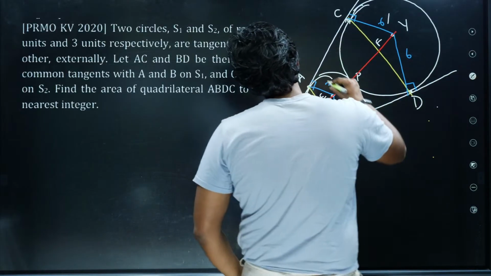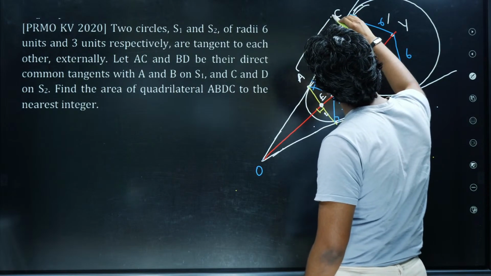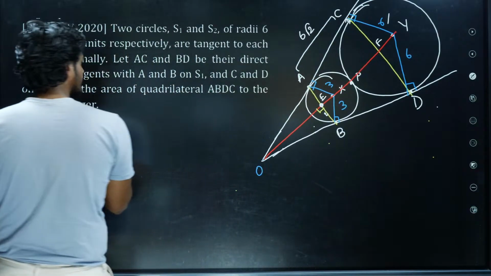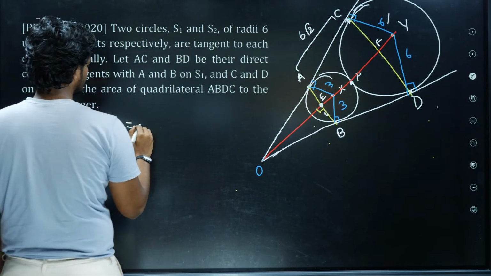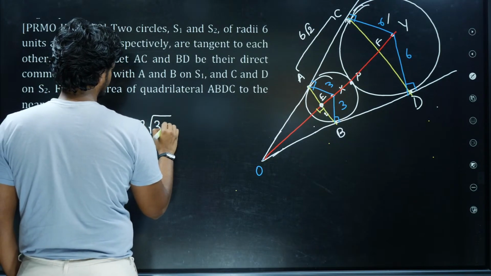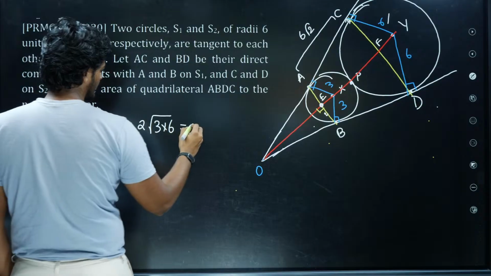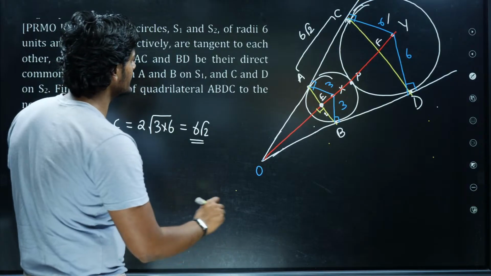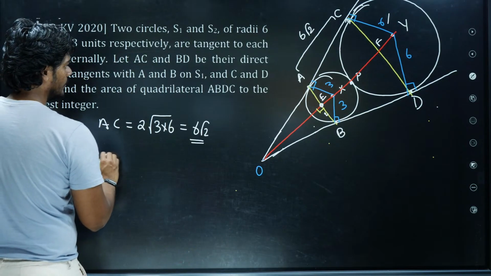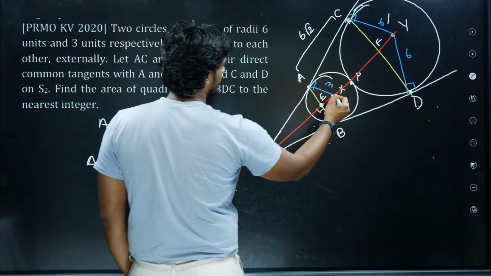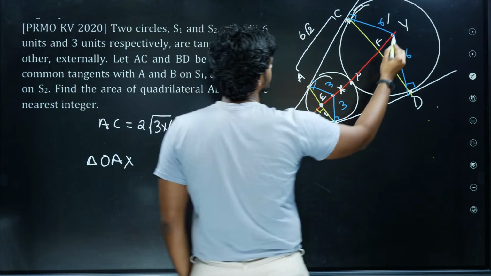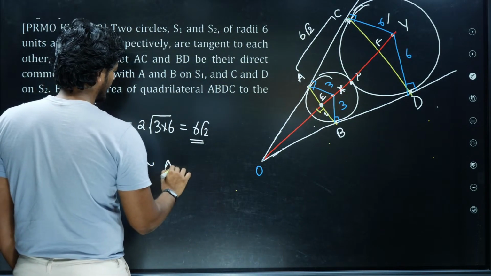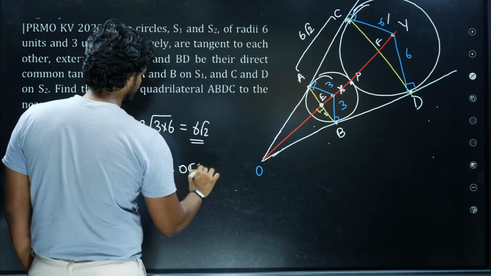So here, this distance happens to be 6 root 2. Why? Because AC is equal to 2 root 3 into 6, and 3 could come out, so this is 6 root 2. And we do see that triangle OAX, X is the center of this circle and Y is the center of the other, is similar to triangle OCY.